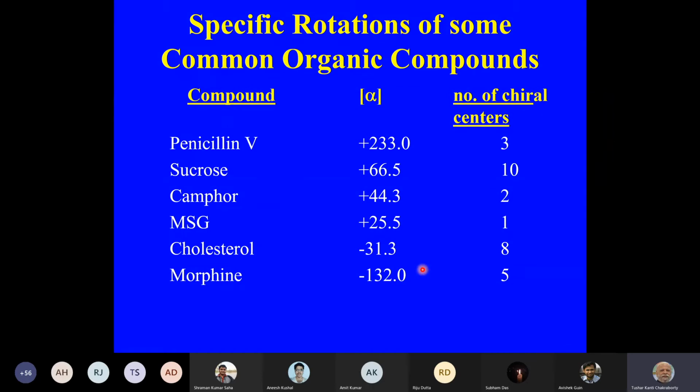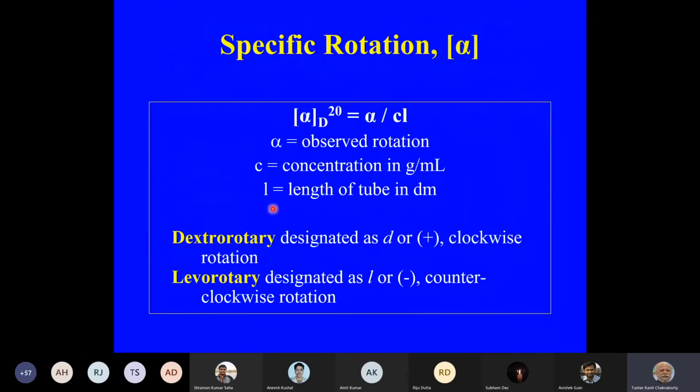Now, one question people often ask is, if this one is plus 233, why don't we say that it is minus, say, 127? You can see specific rotation is alpha by C L, so it depends on the concentration.